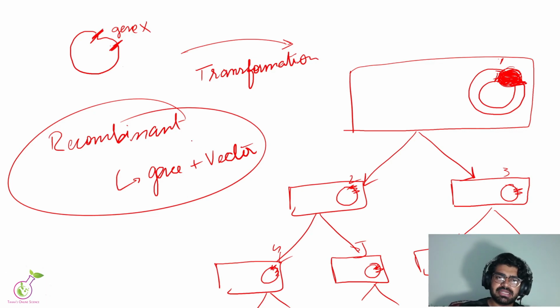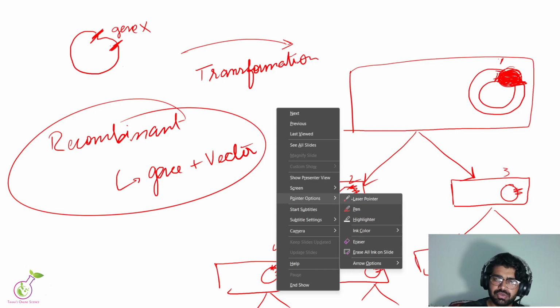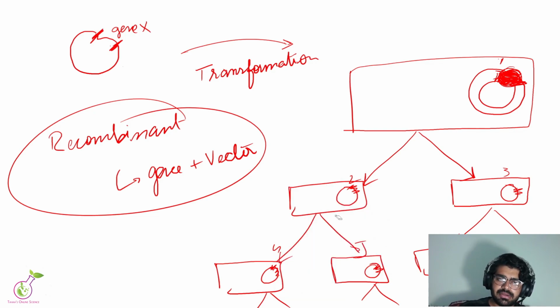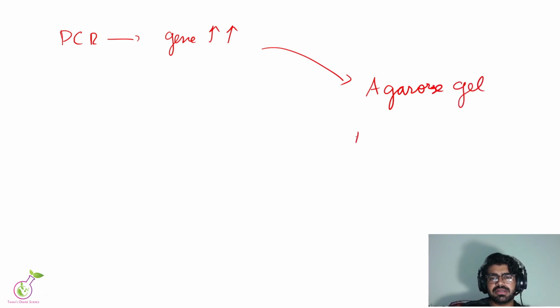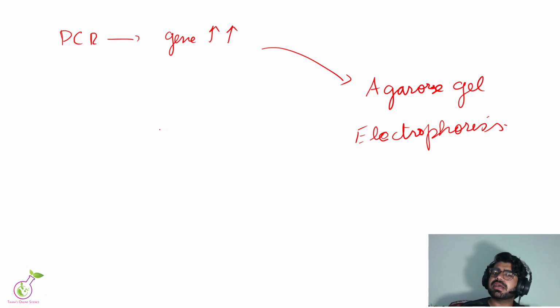So the biochemical techniques which are used are, once the PCR is done, we have our gene, we go for agarose gel electrophoresis to see whether our gene has been amplified or not. Okay.